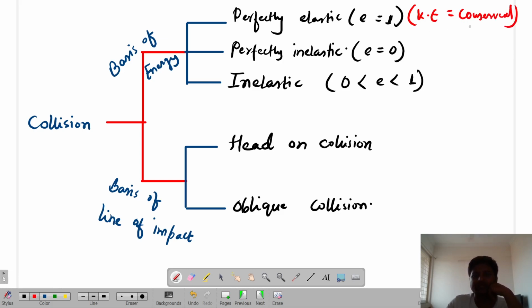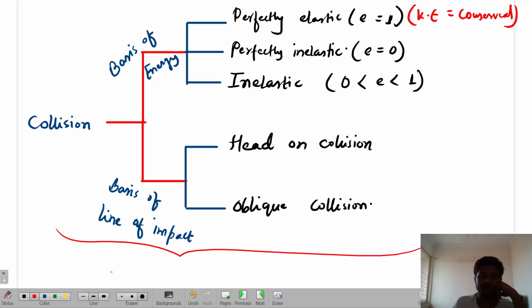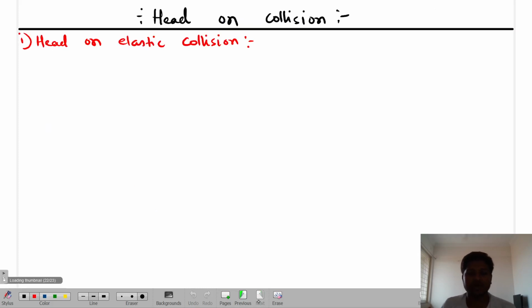And in all of these, one thing is common, that they follow initial momentum equal to final momentum. But one thing present in perfectly elastic collision is that kinetic energy is conserved. So this gives the elastic case two equations, one of momentum and one of kinetic energy, which makes it easy to relate some velocity factors. Are you able to get me or not?